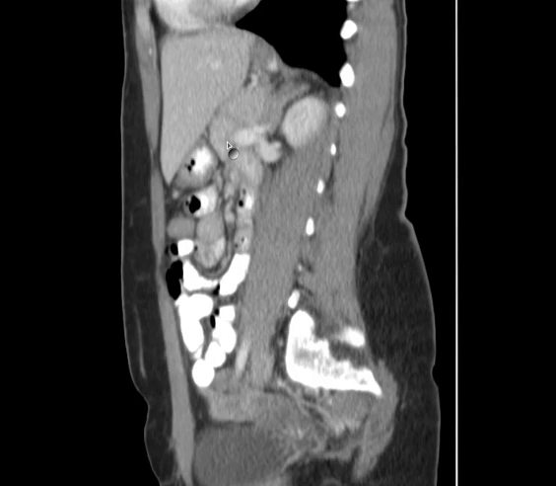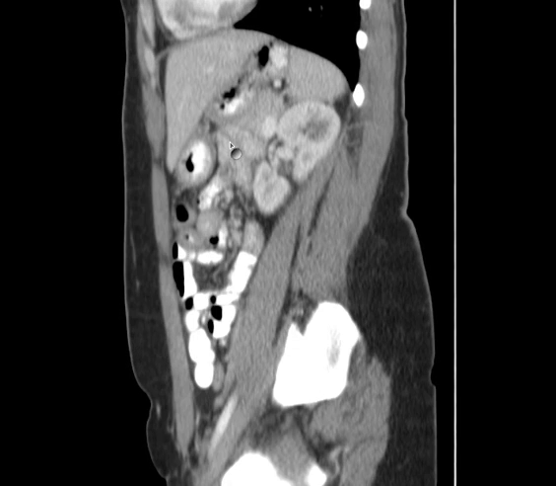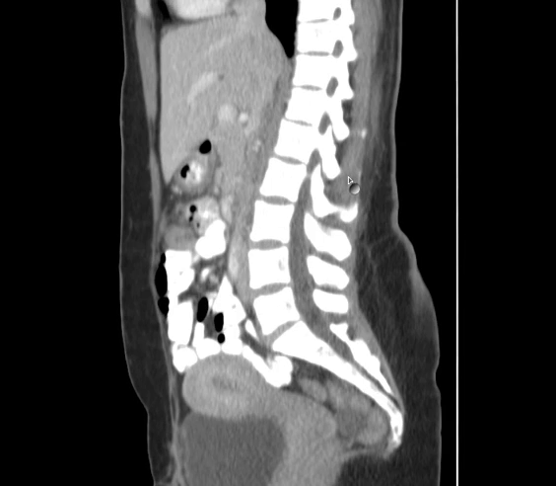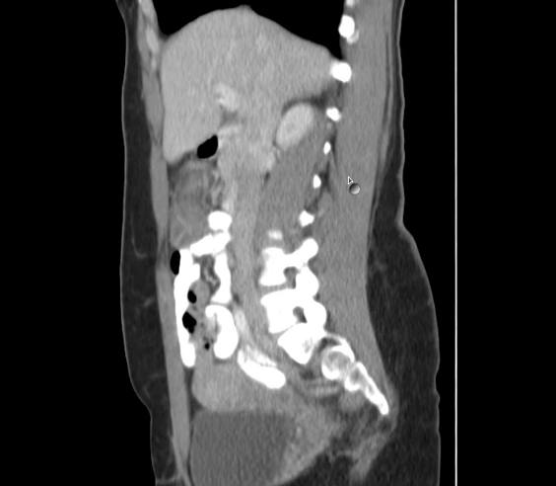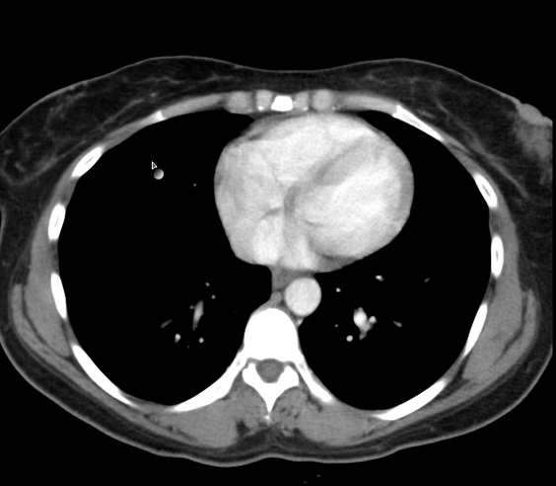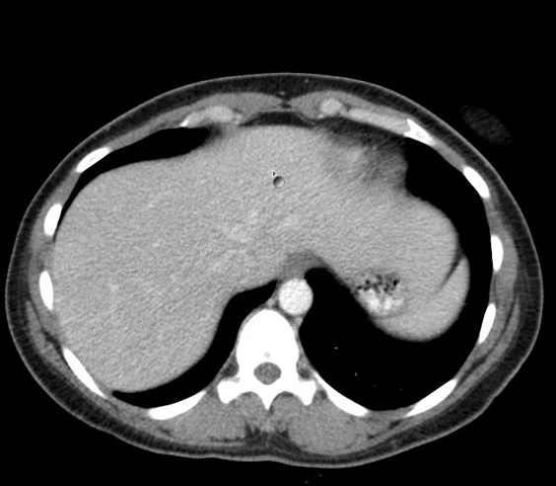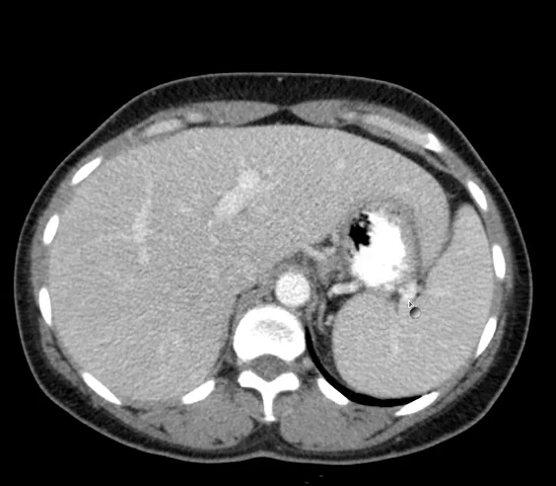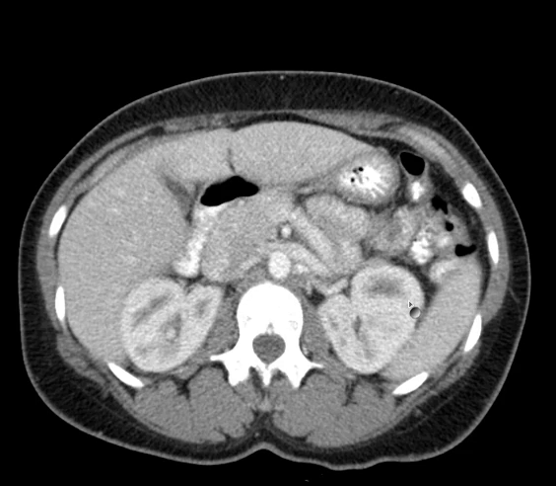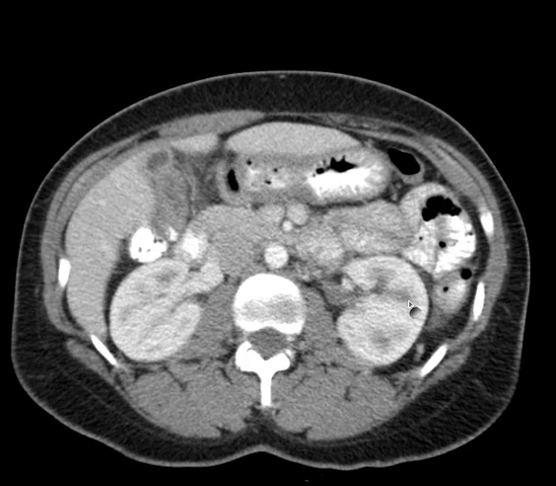Now we're over on the left side of the abdomen. Look right around here. And now we're moving toward the right. And what do we have here? Let's go back to the axial images. We're in the liver here, spleen, and as we go down, we're looking for a bowel abnormality, let me say that.